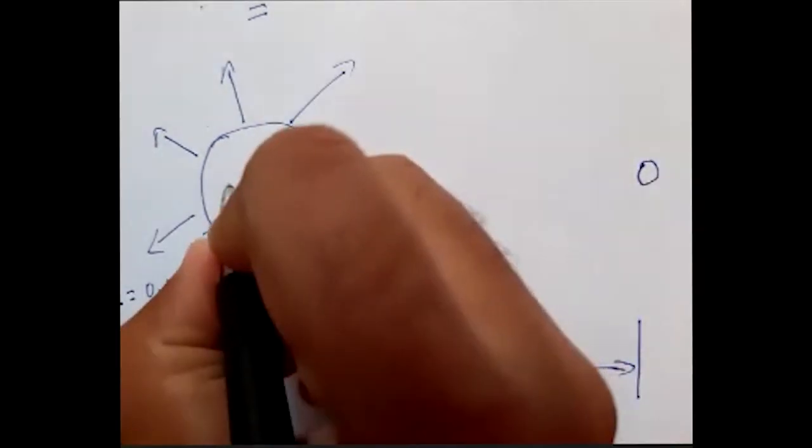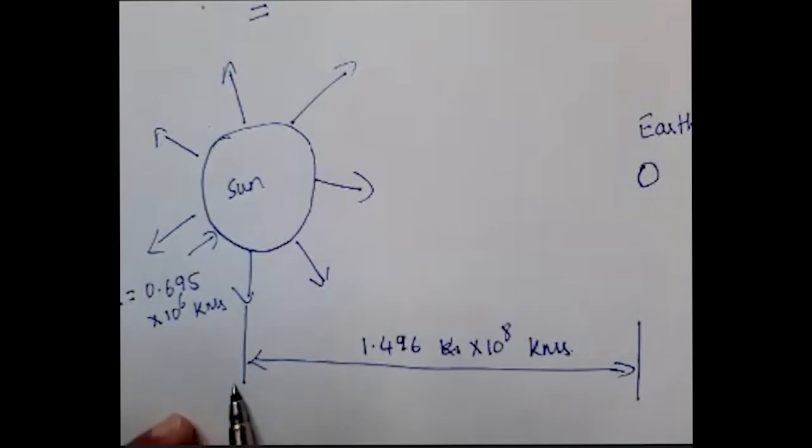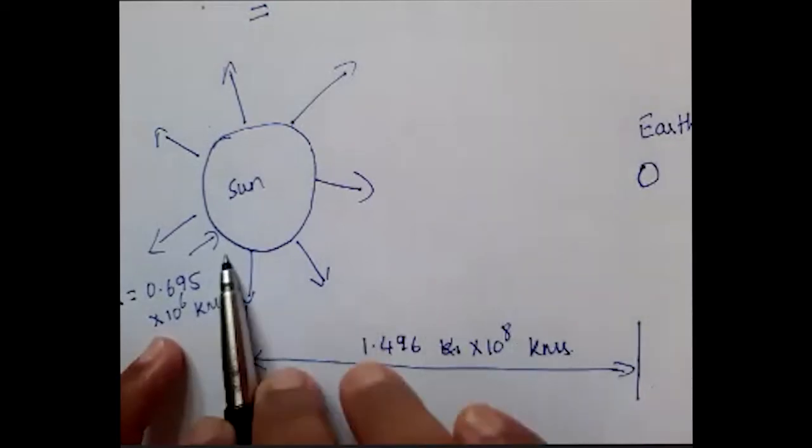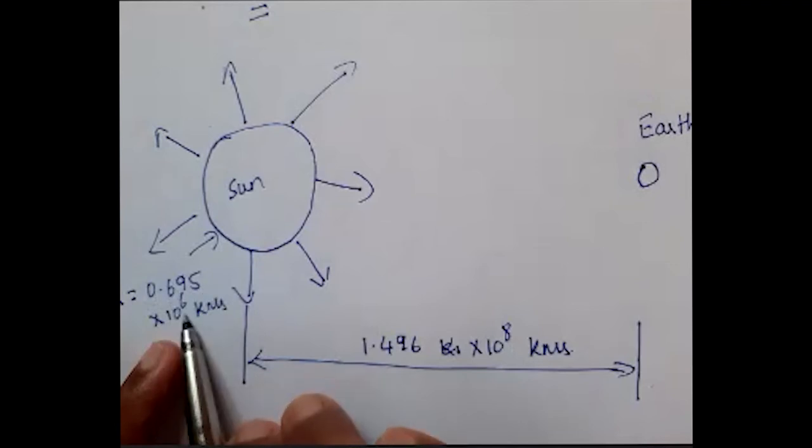So for me, this is the sun and this is the earth, and again we are going to find out EB lambda at the earth's surface as well as EB at the earth's surface. I know the distance from the sun to the earth, it is 1.496 into 10 raised to 8 kilometers, and radius of the sun is 0.695 into 10 raised to 6 kilometers.